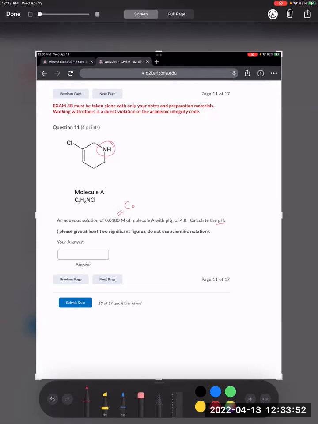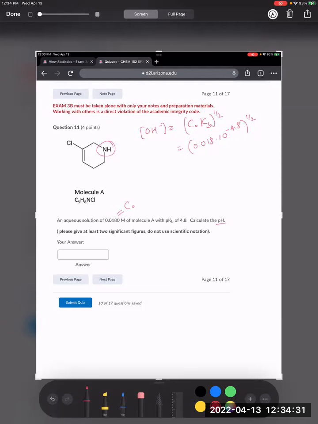Amines are weak bases, so the OH minus concentration is the square root of the initial concentration times Kb.